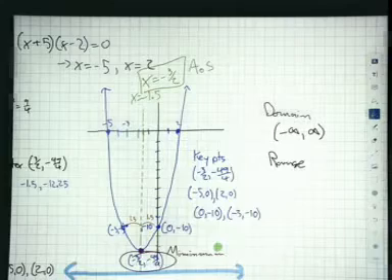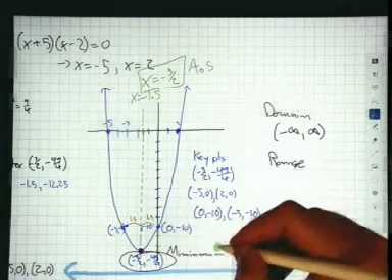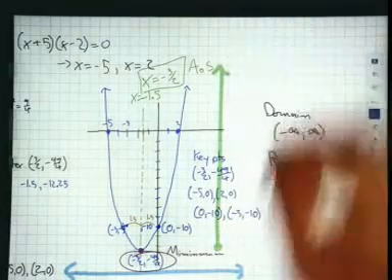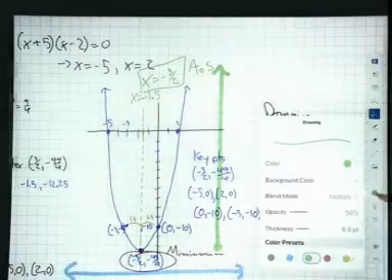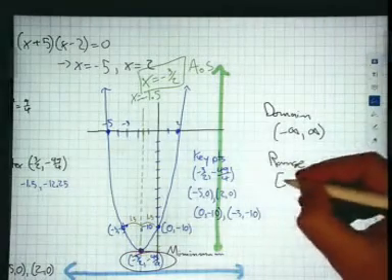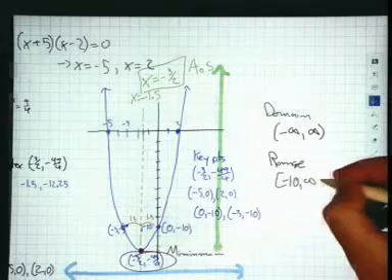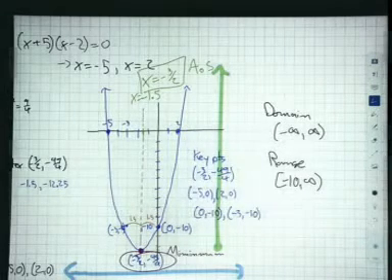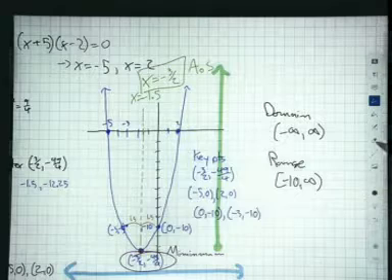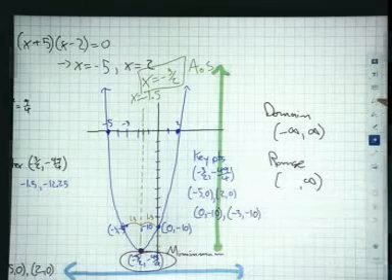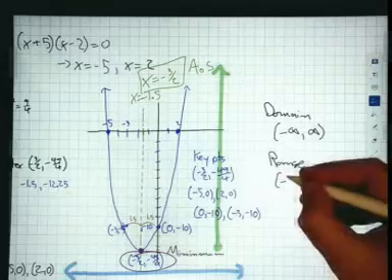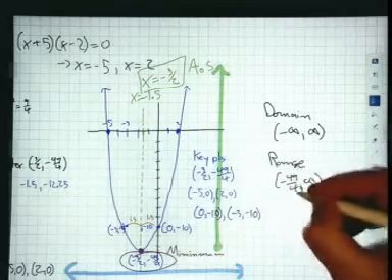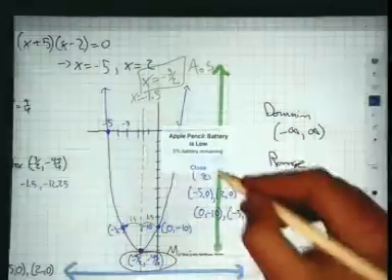That's where the y values start, at y equal negative 10, and they go up. So our range is from negative 10 to positive infinity. Oh, sorry, not negative 10. Negative 49/4, because that's the minimum value.